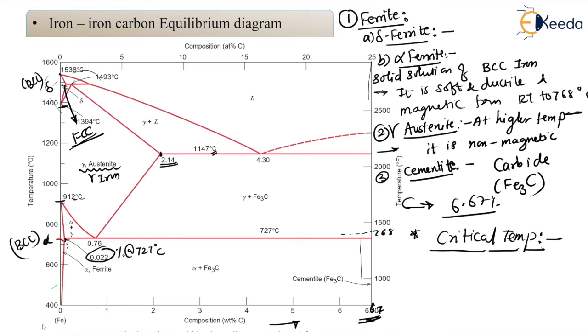So I will now indicate on the diagram itself. Okay, so that is our, dear students, A0 line. A0 line will be somewhere here, dear students, at around 210 degree centigrade.